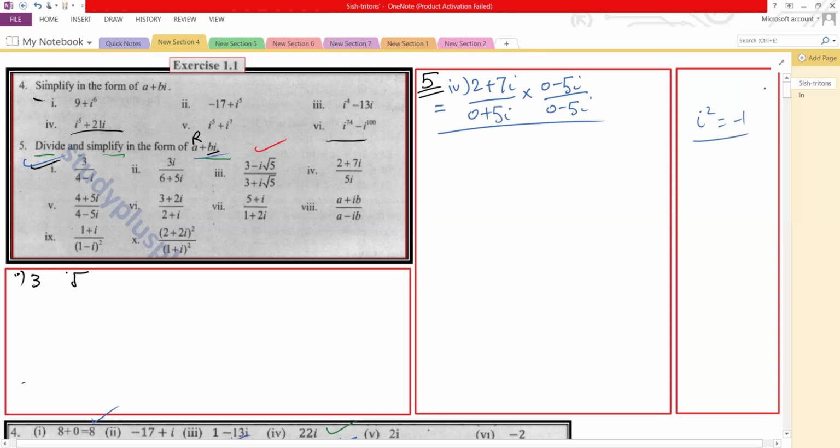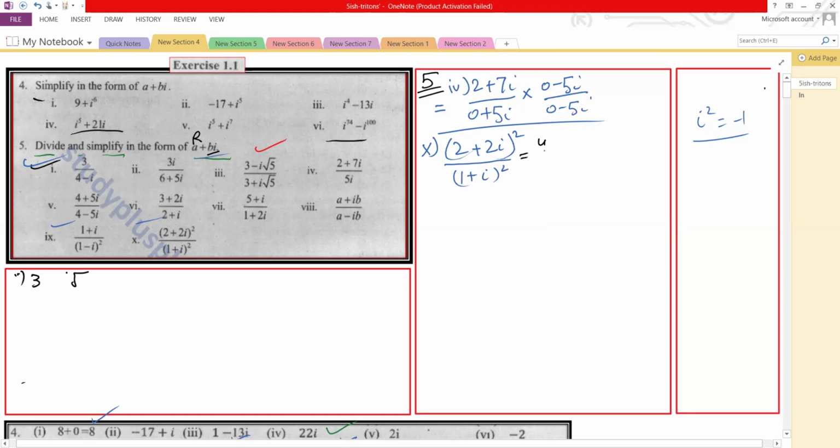Okay, so these two questions, students, parts 9 and 10, are extra, you can say, where a square term is given. So what we will do, you don't need to worry about that one. First simplify this square term, 1 plus iota power 2. Okay, so you will get again the initial terms.